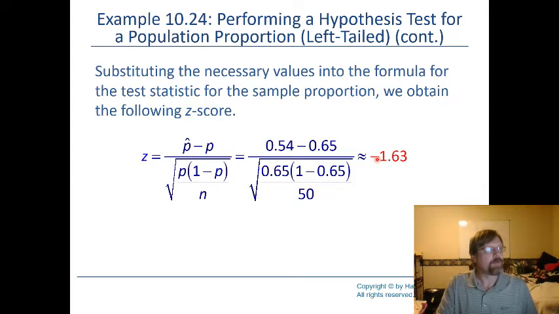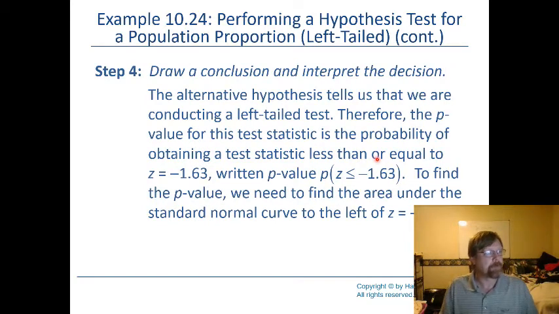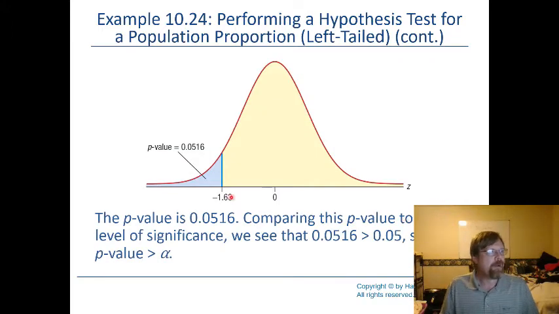Now we are doing this by p-value, not by region. I could find the critical z-value and just compare that, but let's find the p-value associated with negative 1.63. And that is 0.0516.